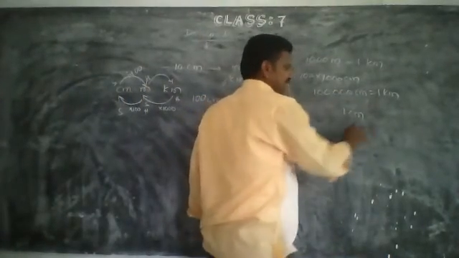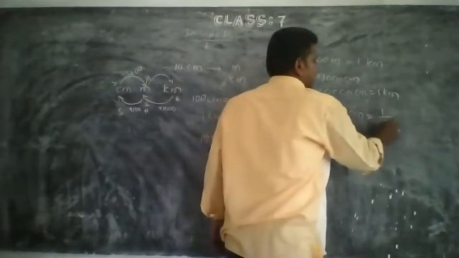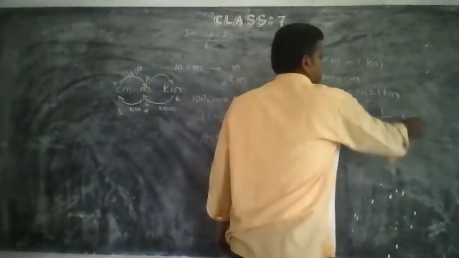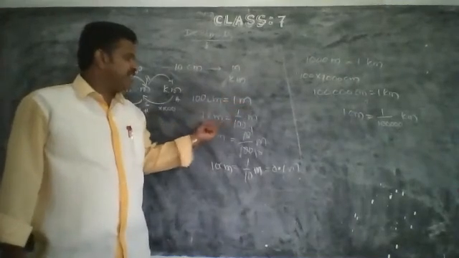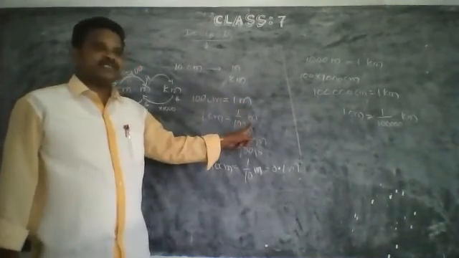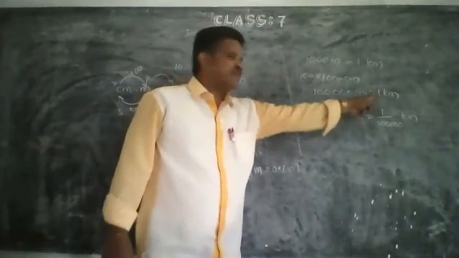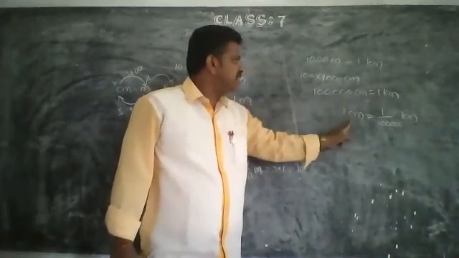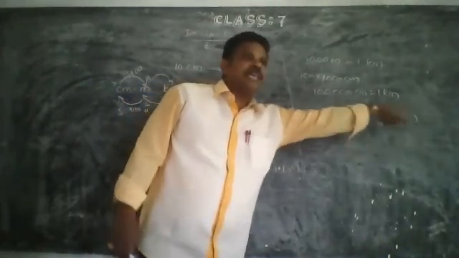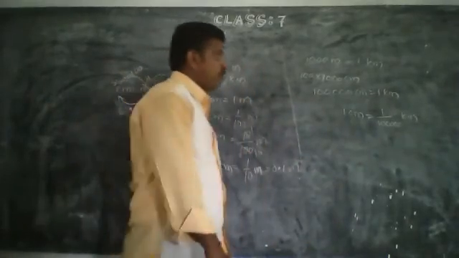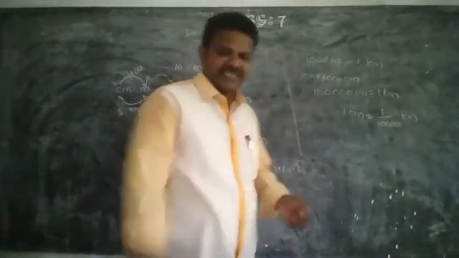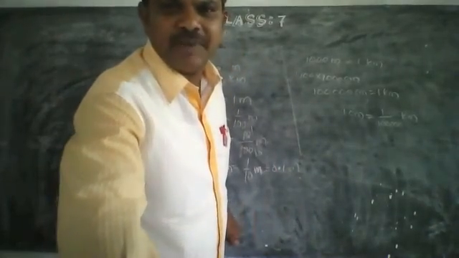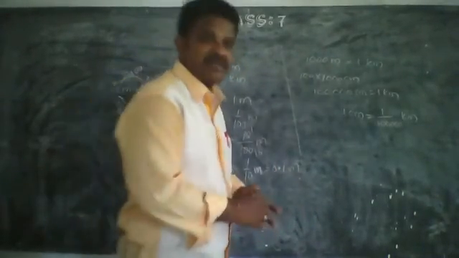But what about 1 centimeter? 1 by lakh kilometers. Same as before: 100 centimeters equals 1 meter, 1 centimeter is 1/100th meter. 1 lakh centimeters makes 1 kilometer, and what about 1 centimeter? 1 by lakh kilometers. Now 2 centimeters, 2 by lakh kilometers. 4 centimeters, 4 by lakh kilometers.